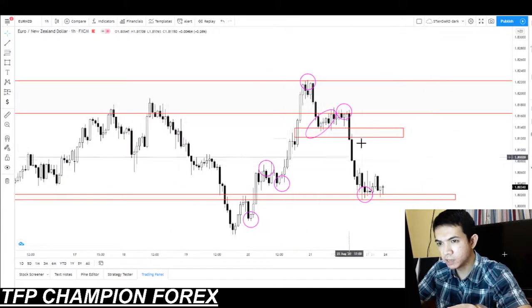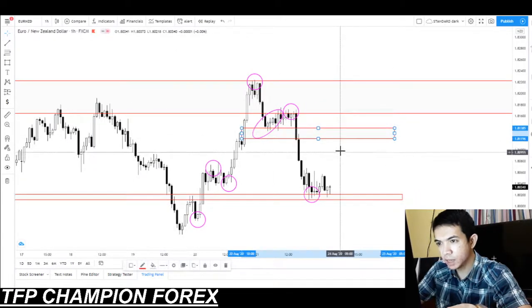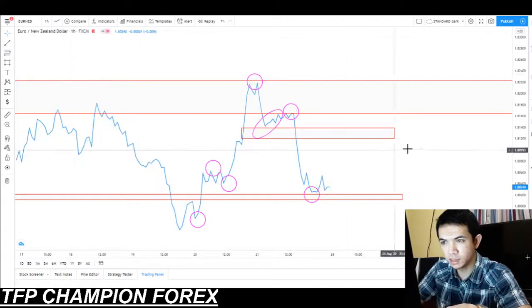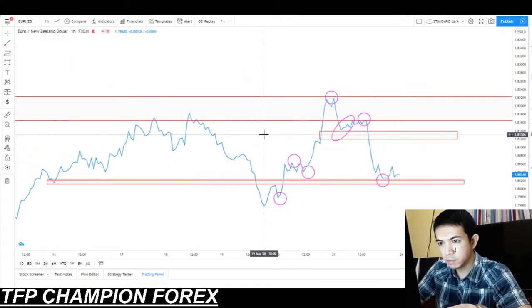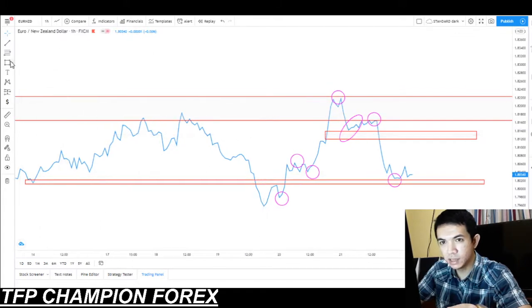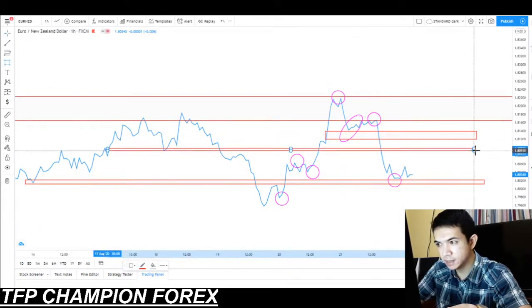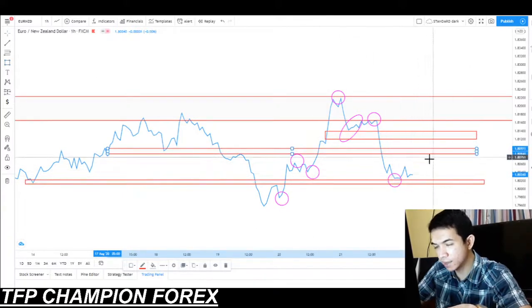So can we say that this is our entry? We can say yes. However, again, we can look to our line chart to read the market structure, removing all the noise from the wicks. But for me, I can consider this level as my entry, as this is the nearest key significant level that the price would react to.